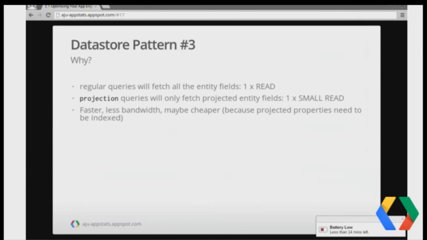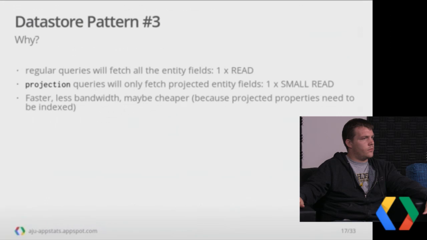Right. Now, one important thing to mention, and with our projection queries hangout, we did go into this in a little more detail. The indexing requirements for projection queries are different. I won't go into the details here, but depending upon the nature of your queries, you might need to have more indexes defined if you're doing projection queries than you would for non-projection queries.